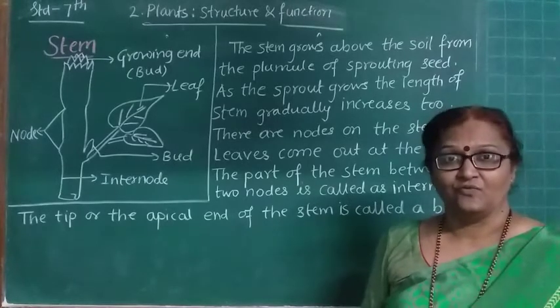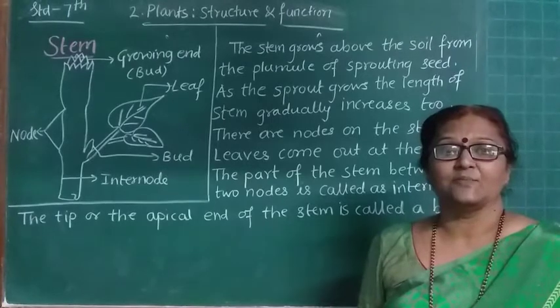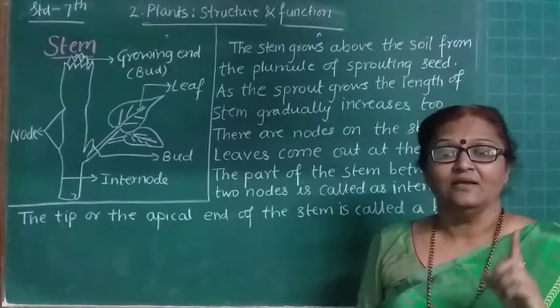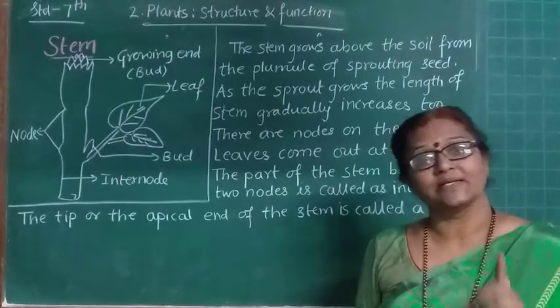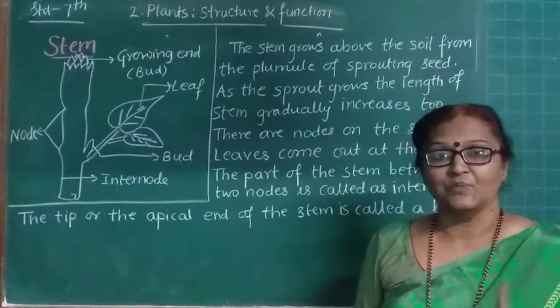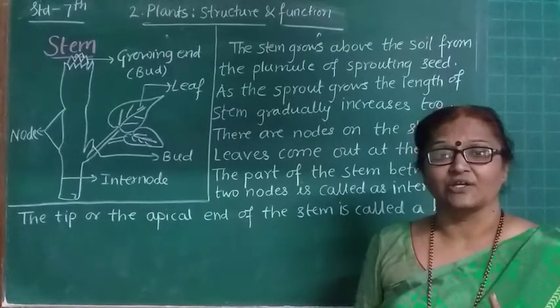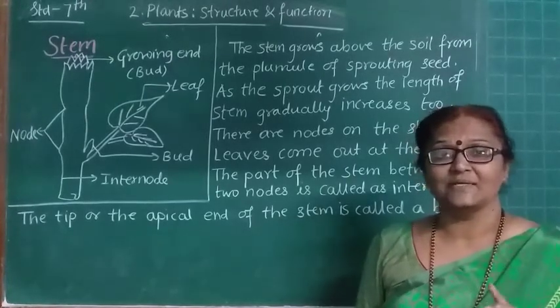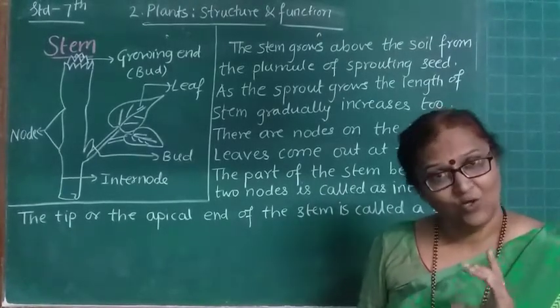The part which goes downward into the soil is the radical, and the part which goes up above the soil is the plumule. Now after maturation of the seed, the plumule acts as a stem and the radical acts as a root.